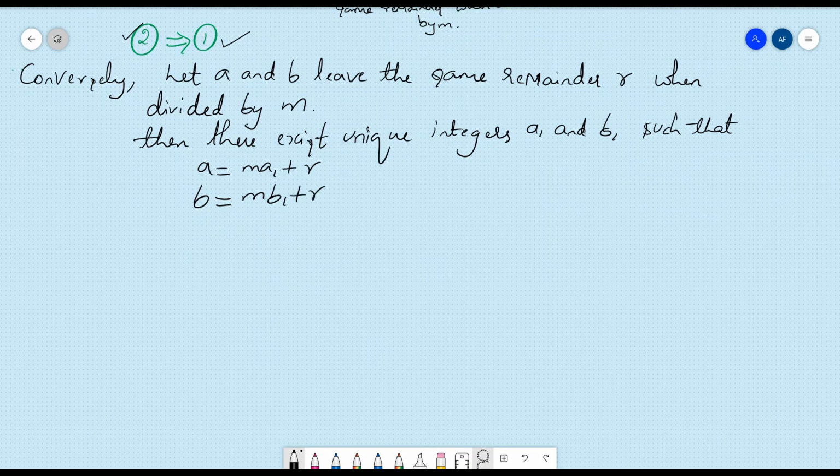This is again by the division algorithm I have written here.